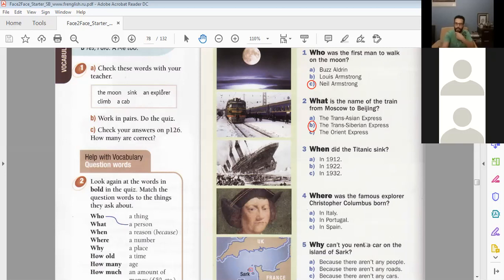Okay, Media, do you know when the Titanic sank? What do you think, Media? 1912, 1922, 1932. What do you think the correct answer is?